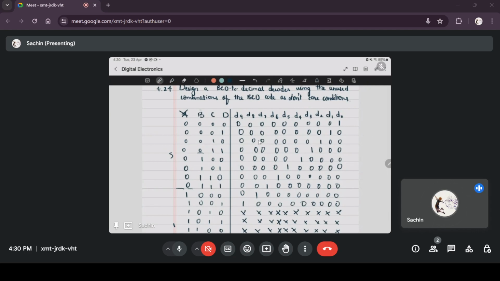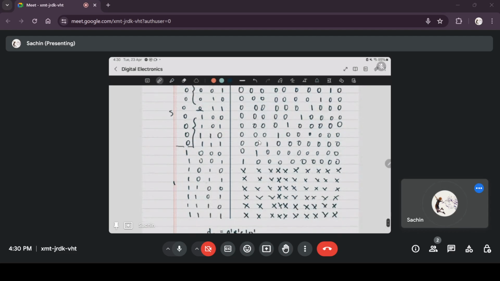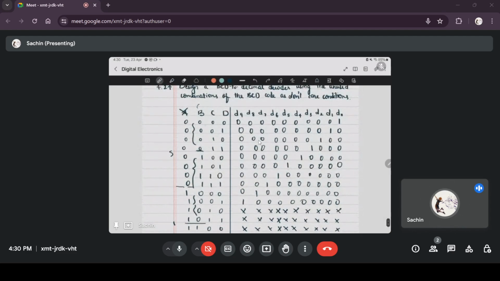Now B will be the MSB of the remaining variables. Now the half map can again be split into two halves, and in the first half B will be 0, second half B will be 1. Same thing in the bottom half, for the first half B will be 0 and the second half B will be 1. Again, each of these halves can be split, where C is 0 half the time and 1 half the time.